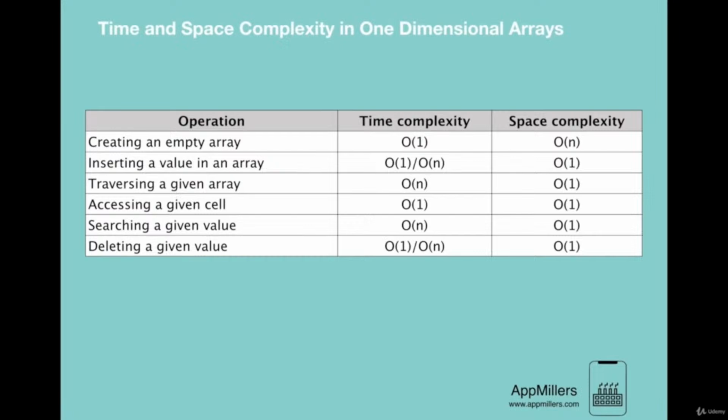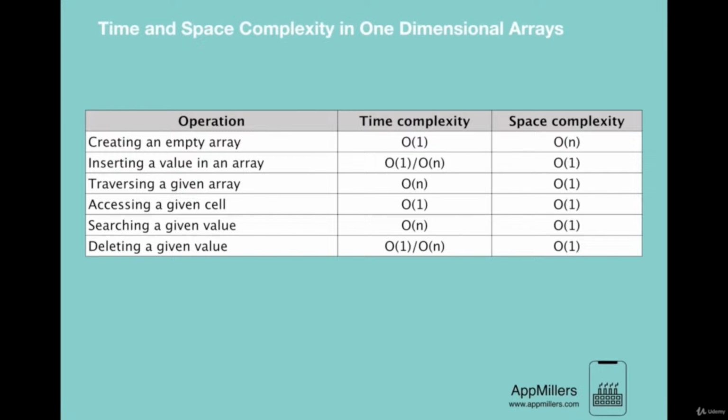Then the next operation is inserting a value in an array. If we are inserting a value at the end of the array, it will take constant time complexity. But if we insert a value in the beginning of the array, it will take O(n) time complexity. This is because when you insert a value at the beginning of the array, all elements have to shift one element to the right.